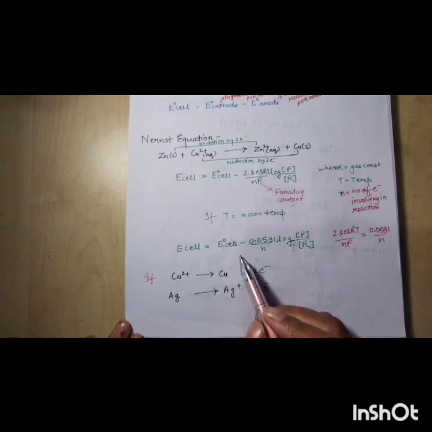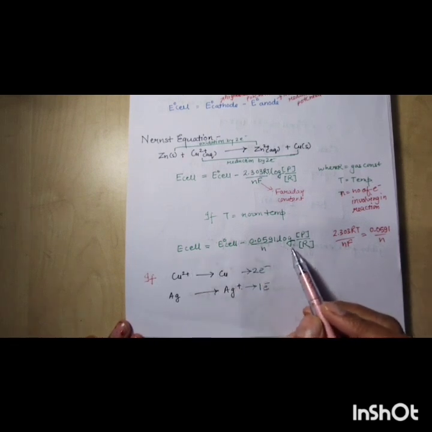So E cell is equal to E naught cell minus 0.0591 log product by reactant.